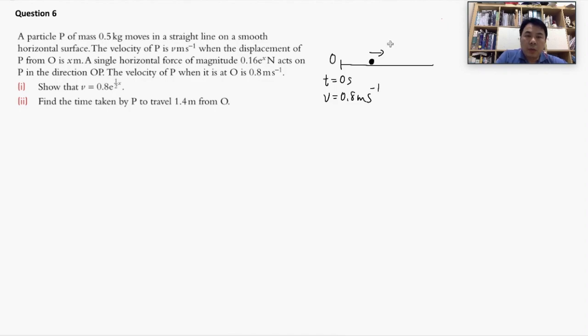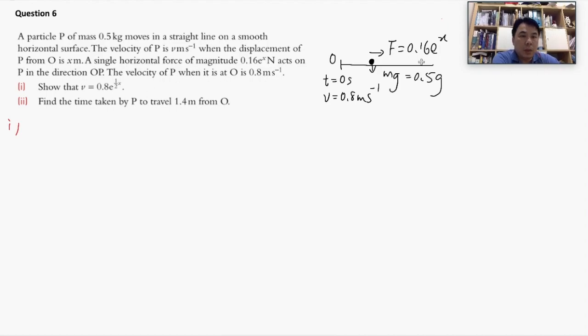There is a force of 0.16 e^x acting on the particle. The mass is 0.5, so that is mg equal to 0.5 g. So that's the weight. As usual, show that v is equal to this.